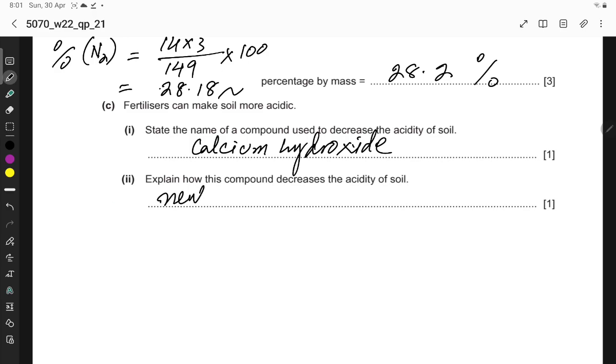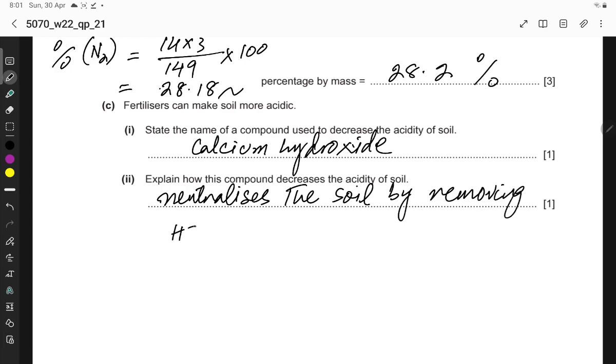It neutralizes the soil by removing hydrogen ions from the soil.